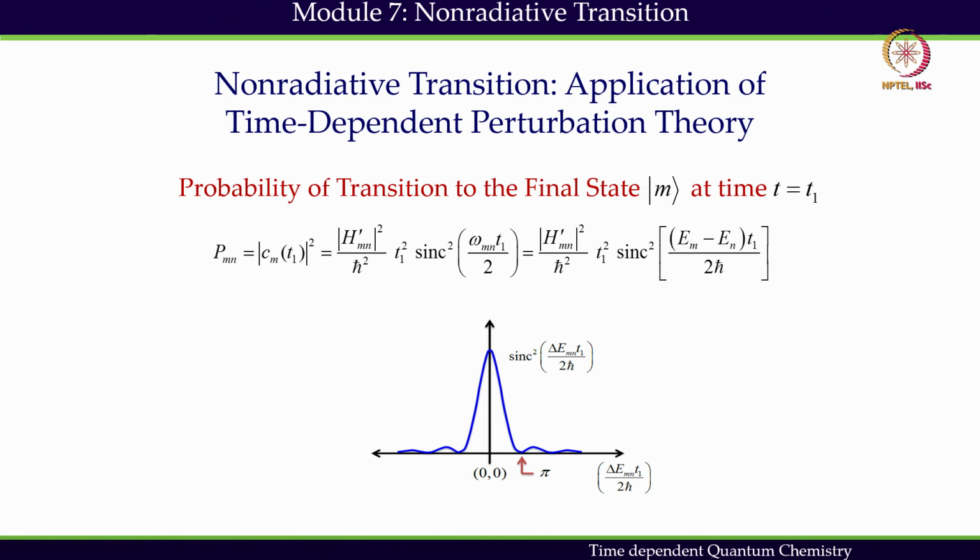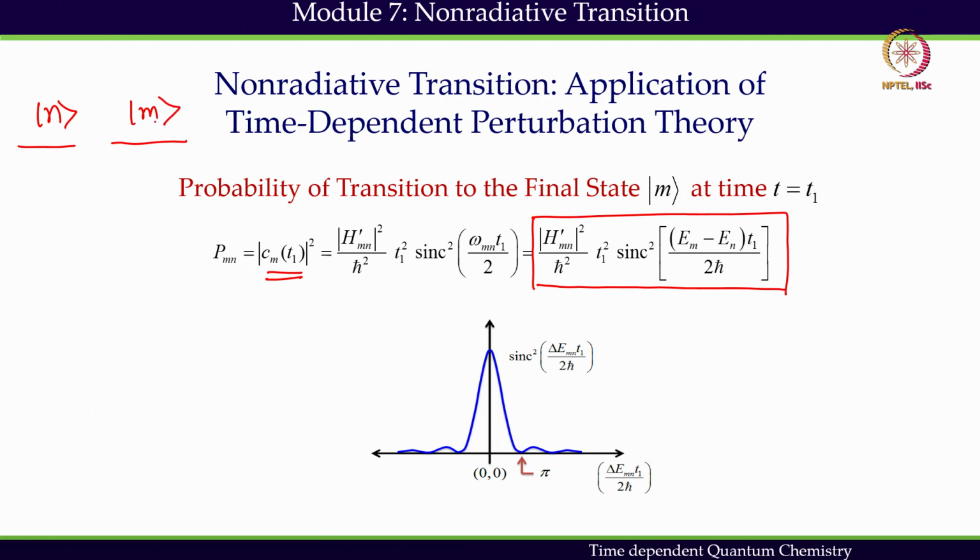population. So finally, we have to consider the square magnitude, the square of the absolute value of the Cm, and if we take the square of it, we get this expression for the population at the mth state. So we started with n state, a discrete state, and the interaction was on for t1 time, and we are trying to find out what is the population at the final state.